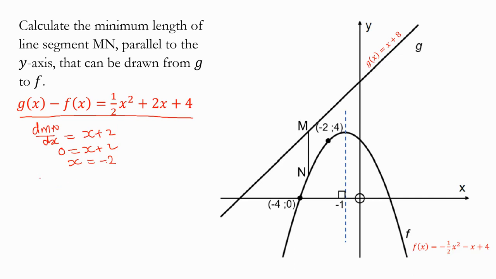So MN is equal to half times (-2) squared plus 2 times (-2) plus 4. Then we can put this in the calculator. We'll get that MN is equal to 2. That's the minimum length for MN.